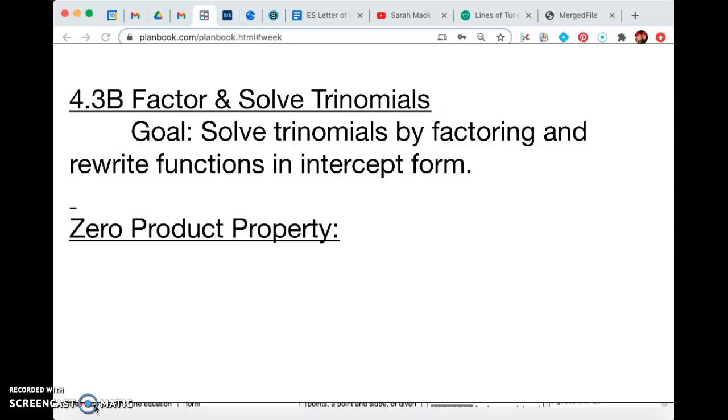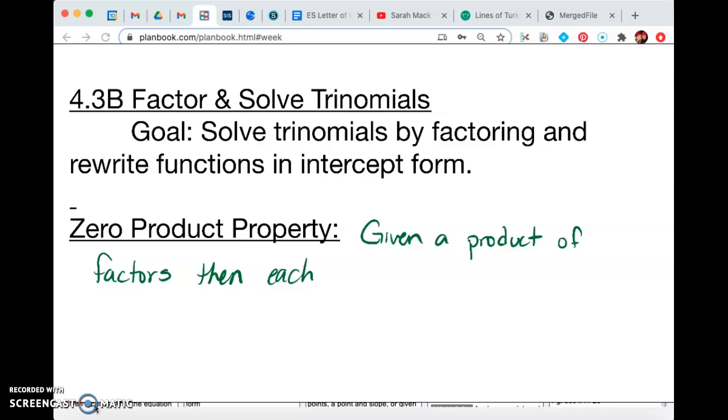Basically, if you're given a product of factors, then each factor is equal to 0.